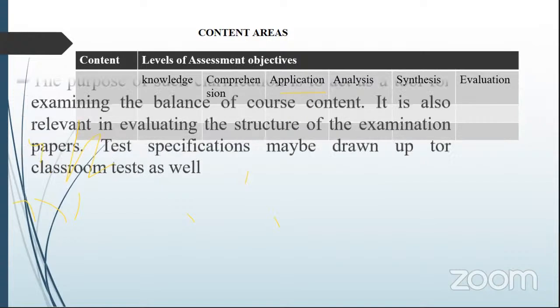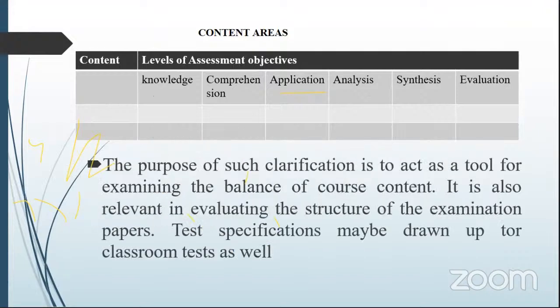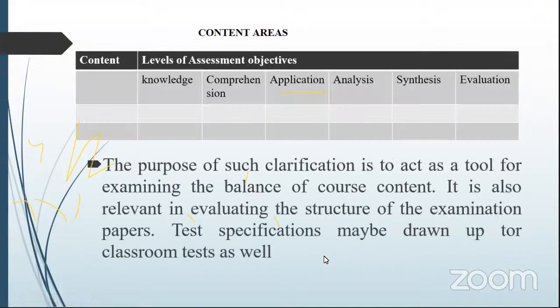The purpose of such clarification, when we talk about the content area, the levels of objectives, is to act as a tool for examining the balance of the course content.